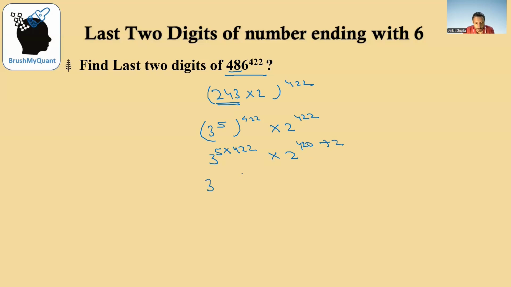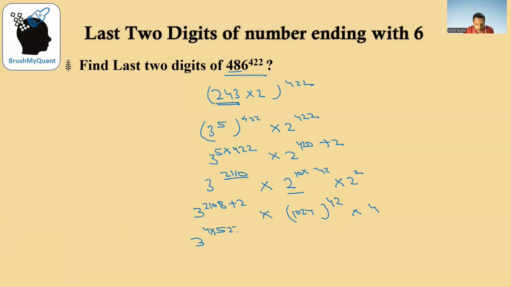So this can be written as 3 raised to 2110, multiplied by 2 raised to 10 into 42, multiplied by 2 square. Now we need to express this power in terms of product of 4. So we can write this as 3 raised to 2108 plus 2, multiplied by 2 raised to 10, which becomes 1024 whole raised to an even number, multiplied by 4. So this becomes 3 raised to 4 into 527, multiplied by 3 square, which is 9, multiplied by 1024 raised to an even power, so 76 into 4.